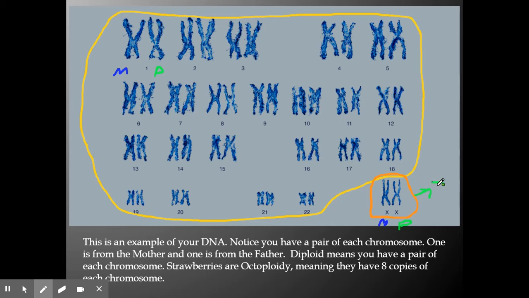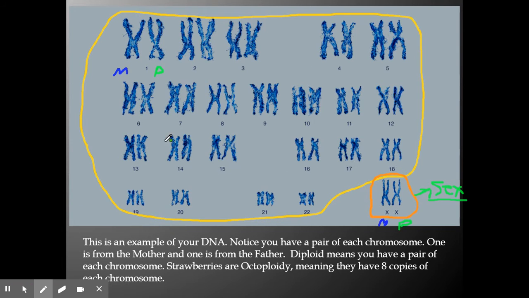This determines the sex of your child or yourself. Okay? This doesn't determine your gender, because we talk about gender being different and fluid. This is determining your sex, meaning the sexual reproductive organs that you receive as a child, as a person. Okay?